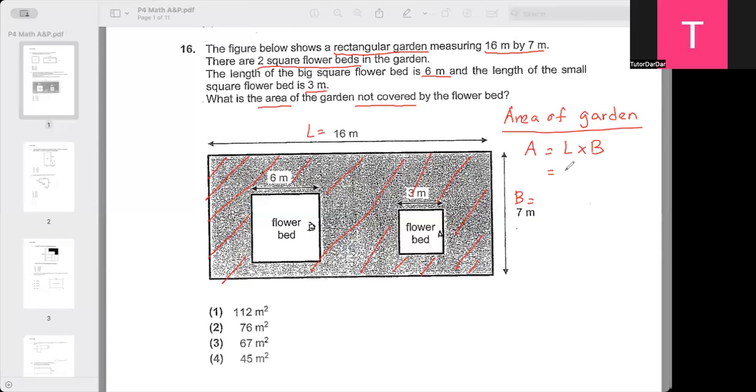So area is equal to 16 multiplied by 7. So 16 times 7, 7 times 6, 42. So 7 times 1, 7 plus 4, you will get 112. So the area of the garden is 112 meter square. Okay?